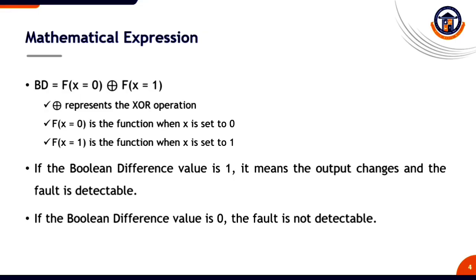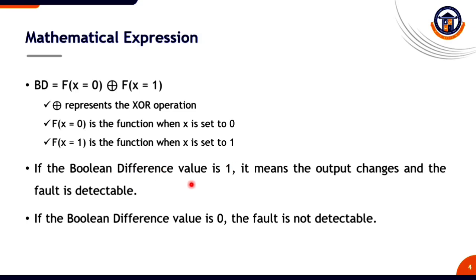So the mathematical expression of Boolean difference is equal to f of x equal to 0 XOR f of x equal to 1, where this symbol represents the XOR operation, f of x equal to 0 is the function when x is set to 0, and similarly f of x equal to 1 is the function when x is set to 1.